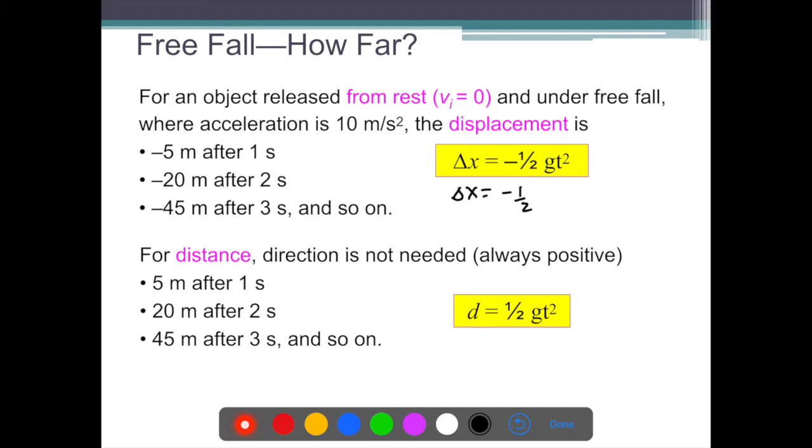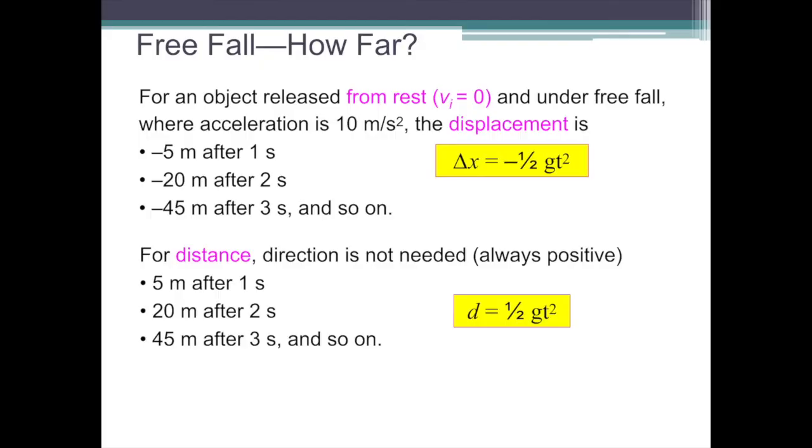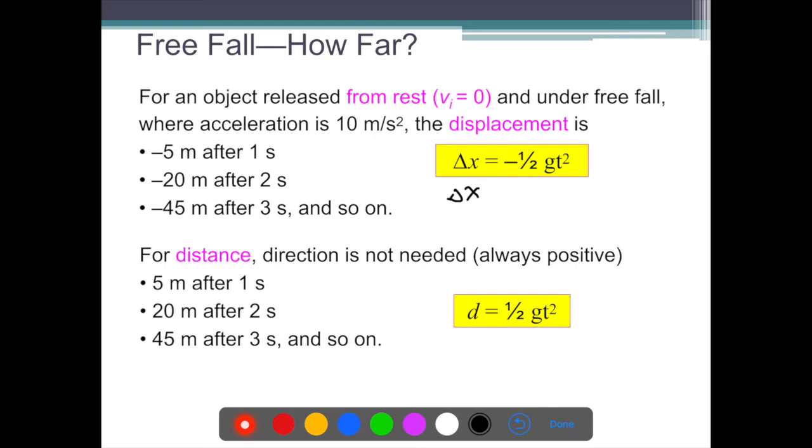Here I'm again using the rounded form for gravitational acceleration, which is 10 meters per second squared for convenience. After 1 second, t squared is 1 second squared. Work that out, you have a displacement of negative 5 meters after 1 second.